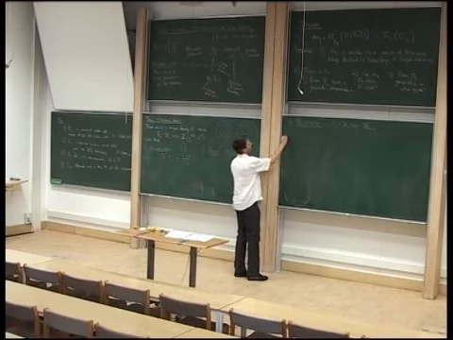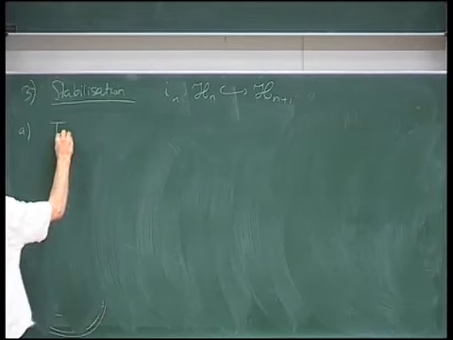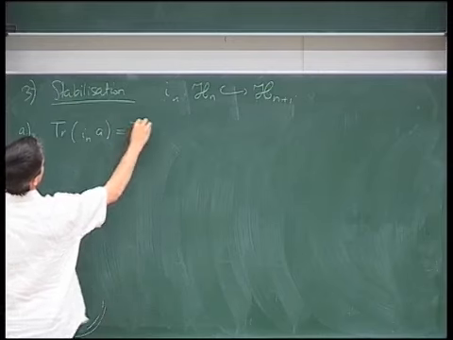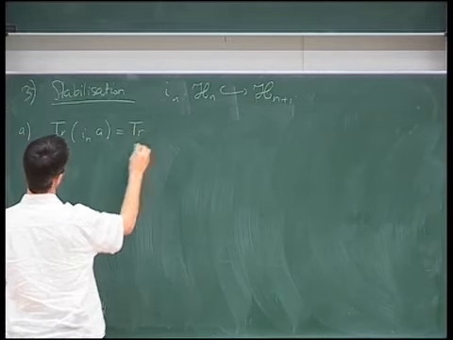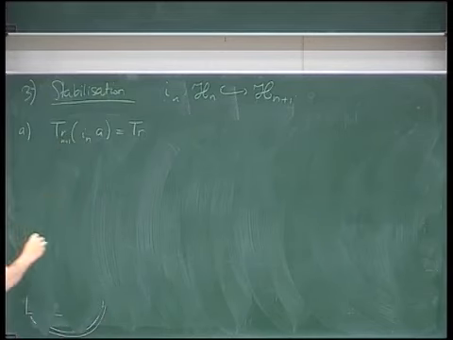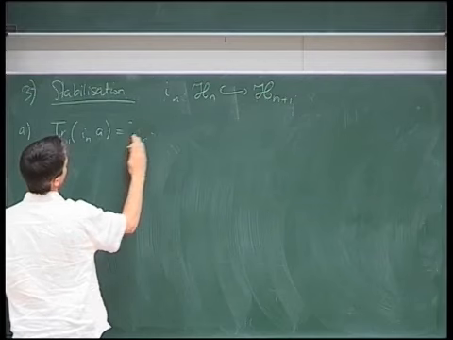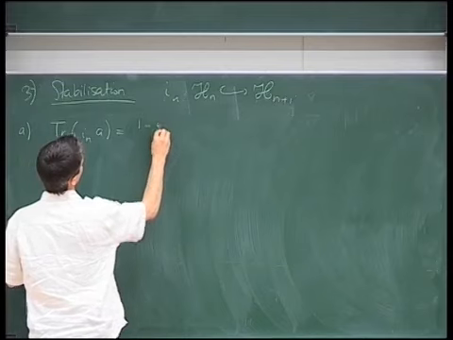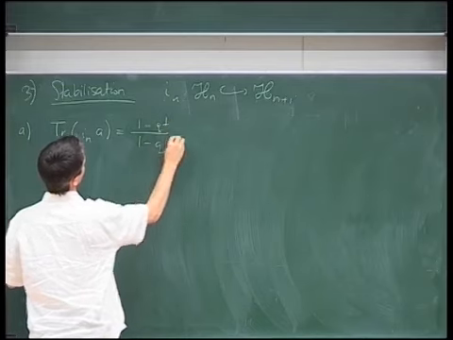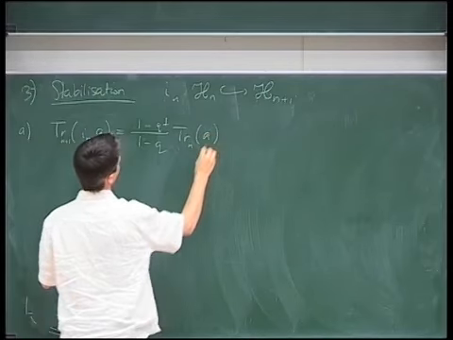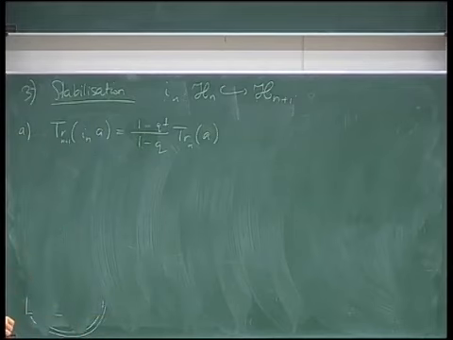And the first thing is that if I just include something, Tr_{n+1} of it should be (1 minus qt) over (1 minus q) times Tr_n of A. And what's that saying?